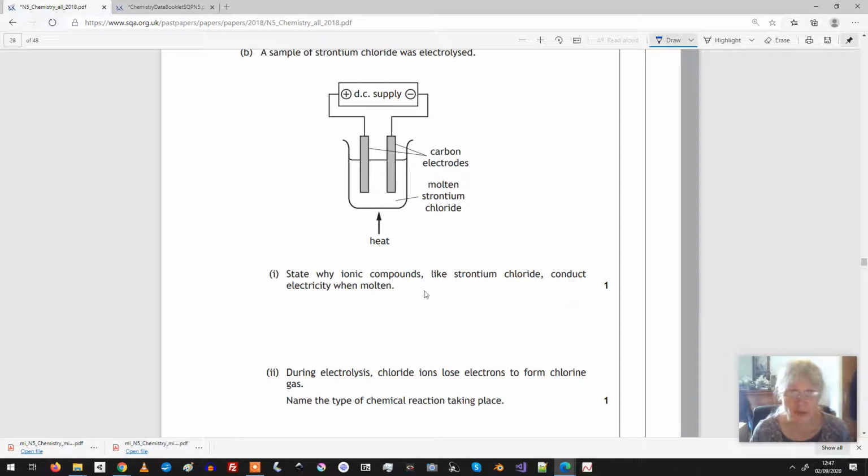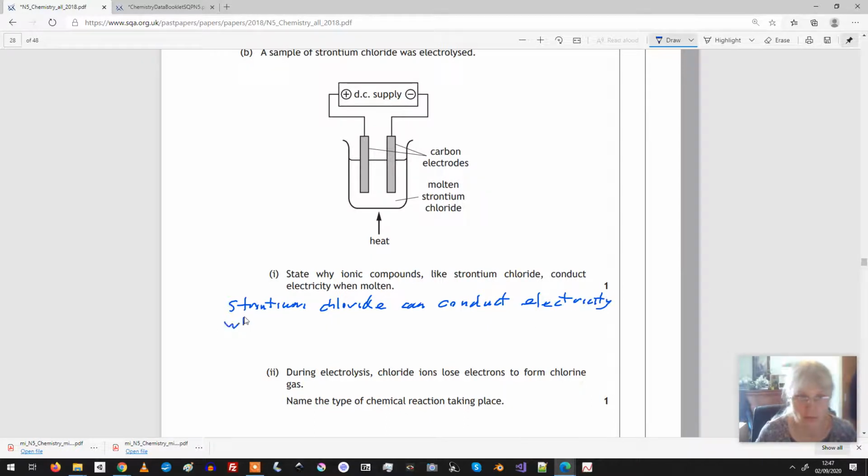Strontium chloride can conduct electricity when molten because the ions are free to move.